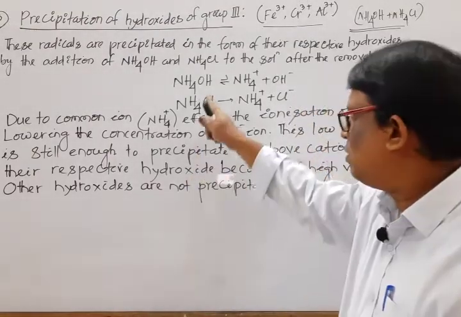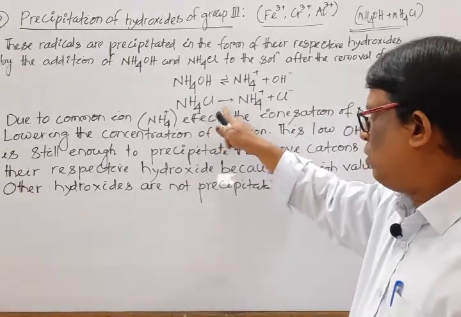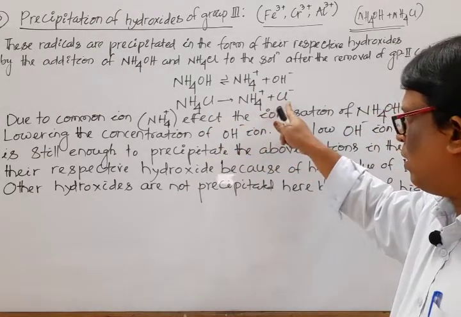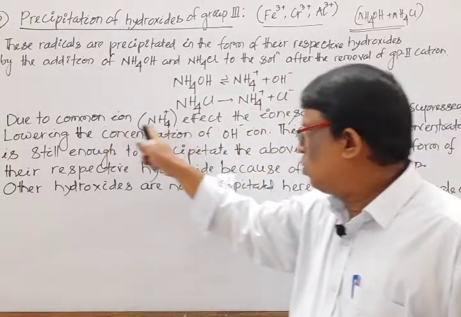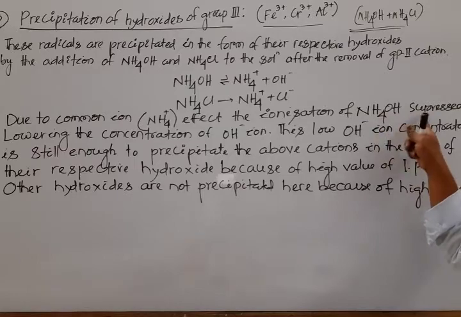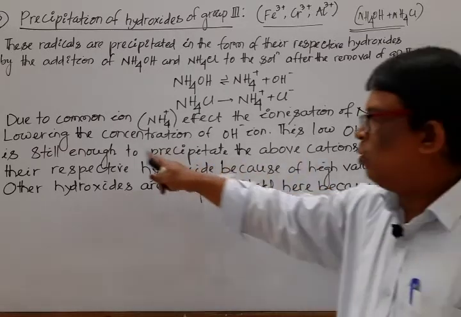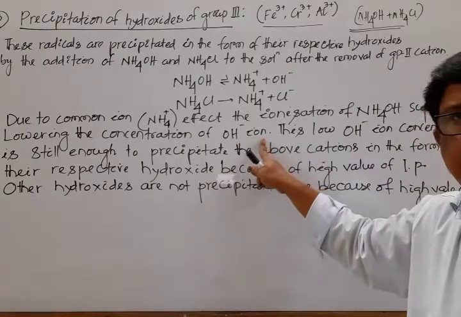Mark the equation. Ammonium hydroxide breaks down to ammonium ion and hydroxide ion. Ammonium chloride breaks down to ammonium ion and chloride ion. Here the common ion is the ammonium ion. So due to the common ion effect, the ionization of ammonium hydroxide is suppressed, which lowers the concentration of hydroxide ion.